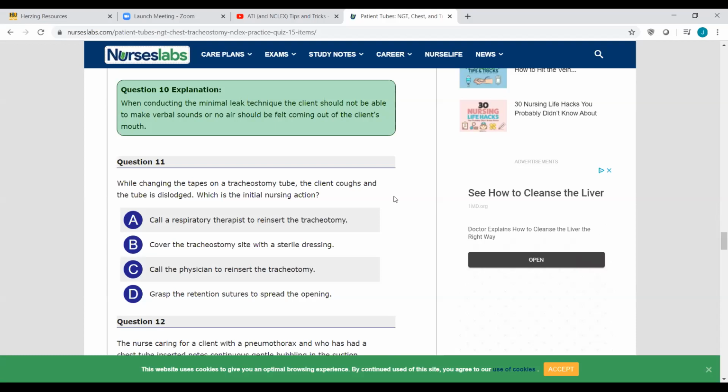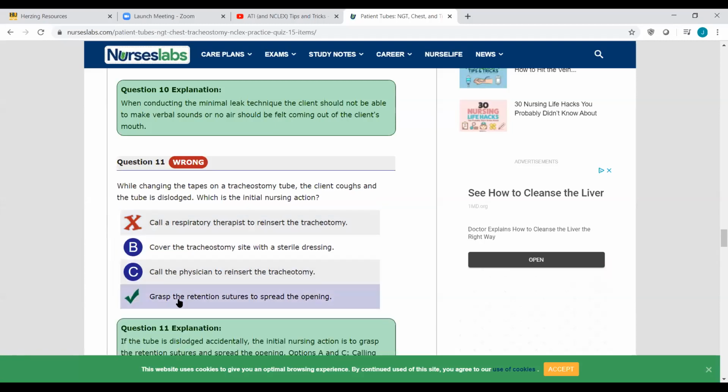What do you think? Honestly, I think A or B. Which one do you want me to put? Couldn't the nurse do it herself? I mean, the nurse can do it herself too.